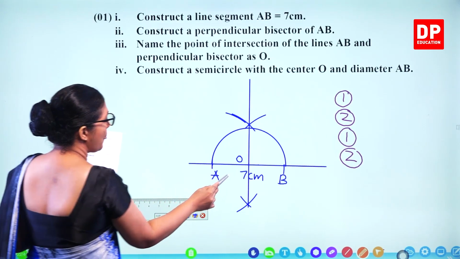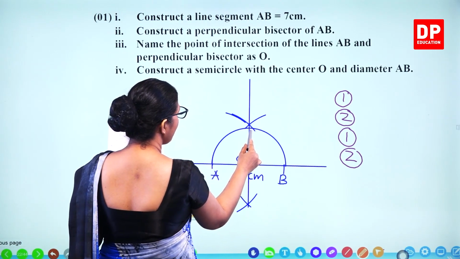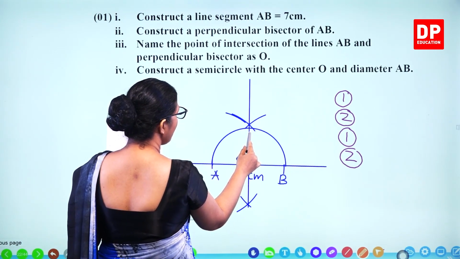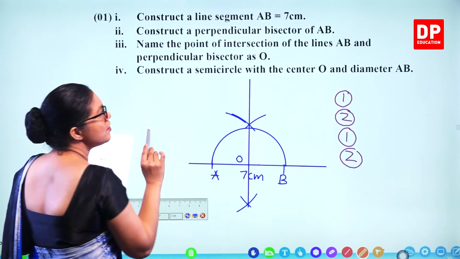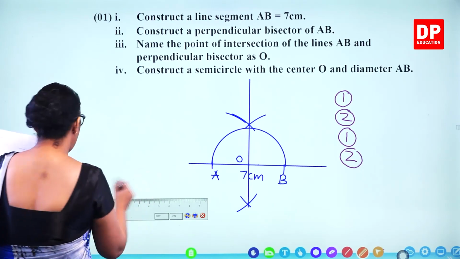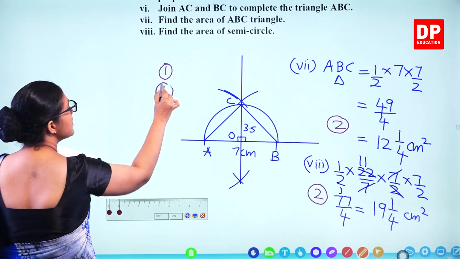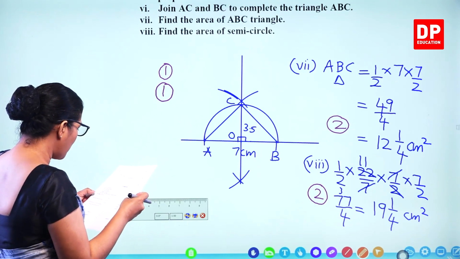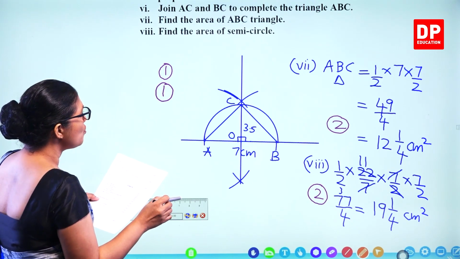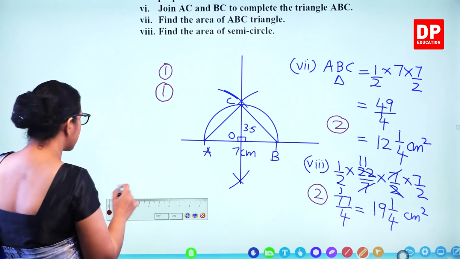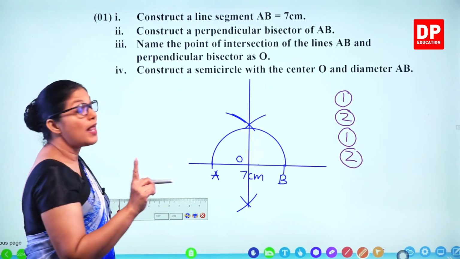Here we did up to the semicircle and we didn't mark the point C there, so we have to give another 1 mark for marking C here. So altogether, up to this point, 12 marks.